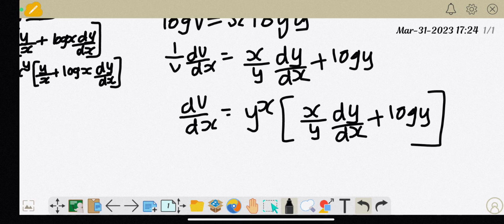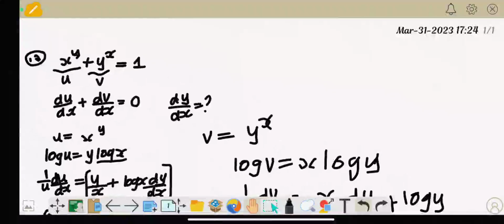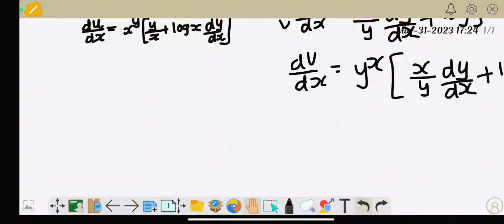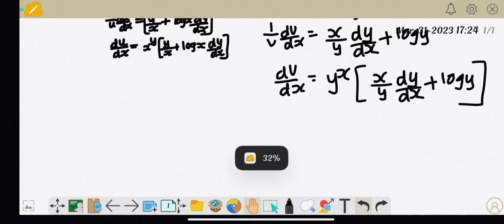Correct. So now what you have to do? You have to substitute this equation. So the right hand side is 0. Just write those two terms and introduce 0 in the right hand side.